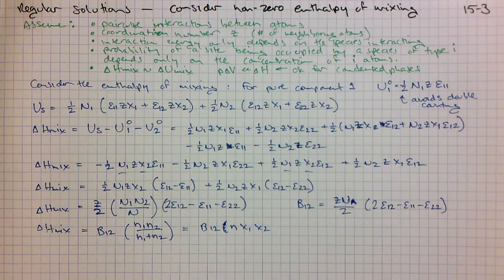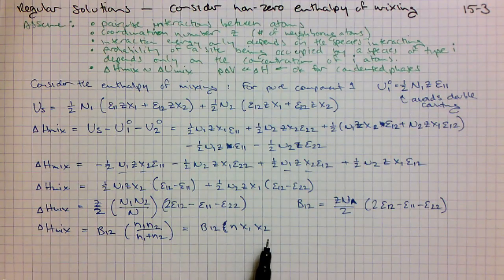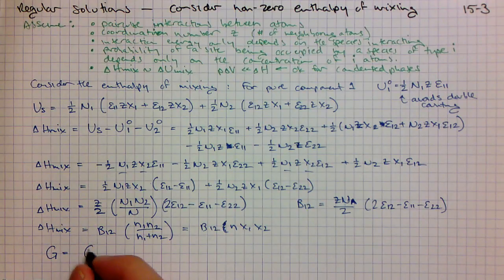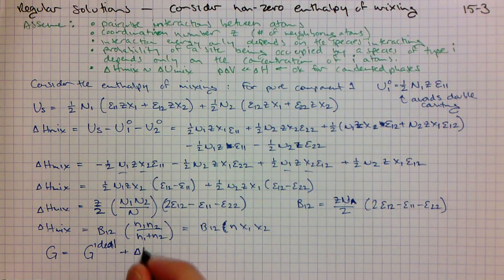So this gives us an expression for delta H mix, and now we want to write down the free energy for the whole system, G. We're going to say that G, the free energy, is just going to be equal to the ideal free energy. So we want to include the contribution from entropy that comes from the mixing of the ideal solution plus the enthalpic term, which the ideal solution ignored.